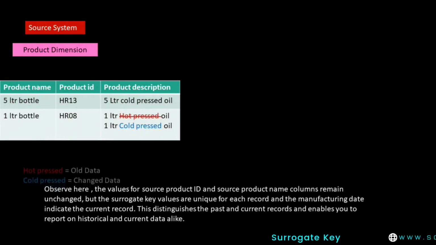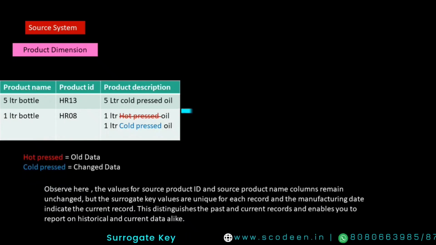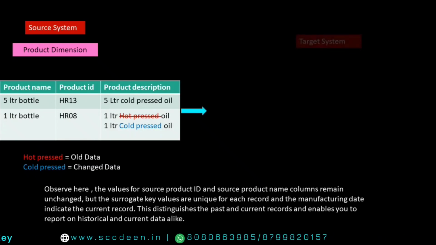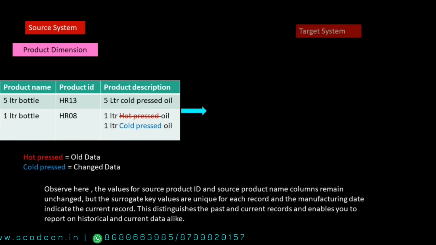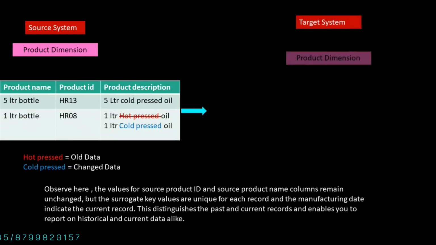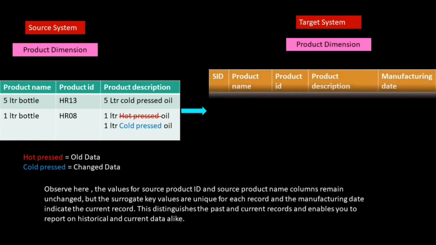Assume the product description you observe here, 1 liter hot pressed oil, will be updated to 1 liter cold pressed oil. So hot pressed is the old data and cold pressed is the changed data.